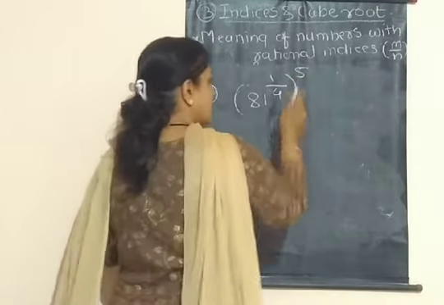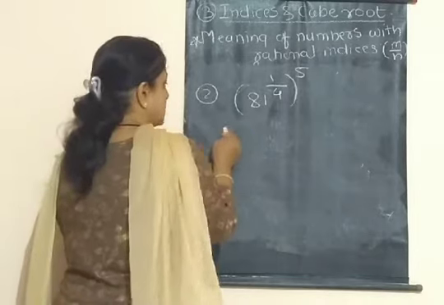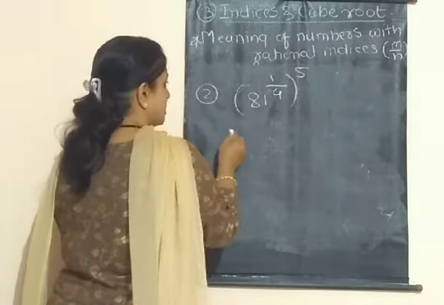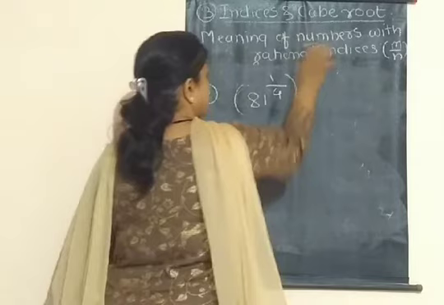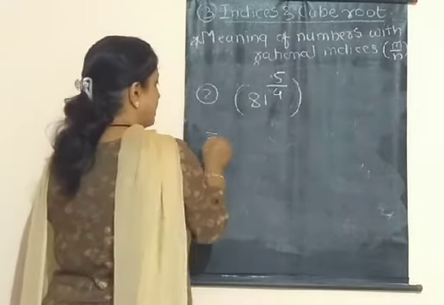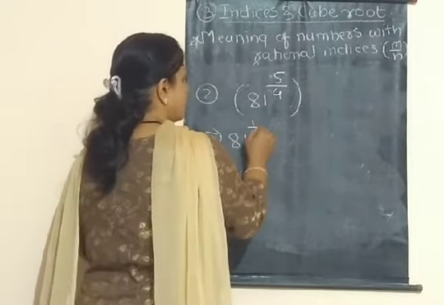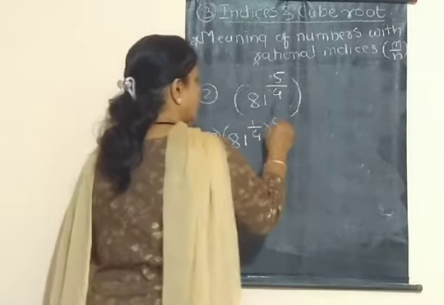Now this number can be written in two forms. Sorry, here we have to take 5. So you can write this number in two ways. First, you can write (81 raised to 1/4) raised to 5.